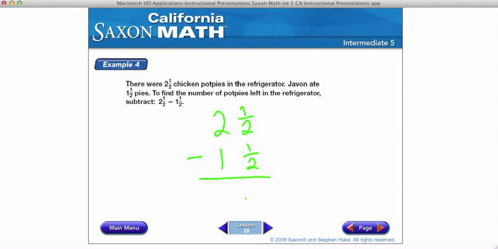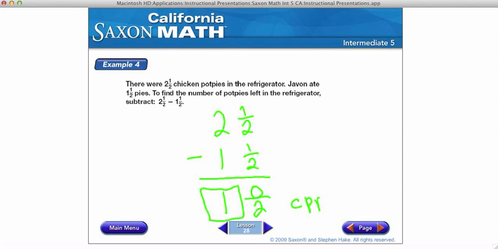The other way to think of it is that my denominator will still be the same. But I have 1 minus 1. 1 minus 1 is 0. And if I have 0 in my numerator, then I really have nothing. Okay? I have no pieces, no halves, so I have nothing. So 2 minus 1 is 1. So there was 1 chicken pot pie left.